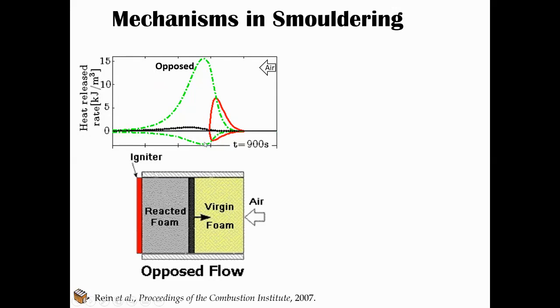We can see that the oxidation reactions are happening in the same place as the pyrolysis. And this is why experimentalists, when they look into the behavior of opposed smoldering, say it behaves as a one-step global reaction.